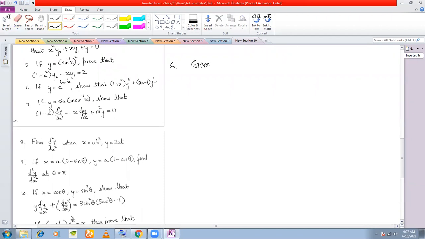Given y is equal to e to the power of tan inverse x. You need to show that 1 plus x square y double dashed, means second derivative, plus 2x minus 1 y dashed is equal to 0. That is what you need to show. So differentiate both sides. Differentiating both sides with respect to x, we get, since dash is used, we'll use dashed.